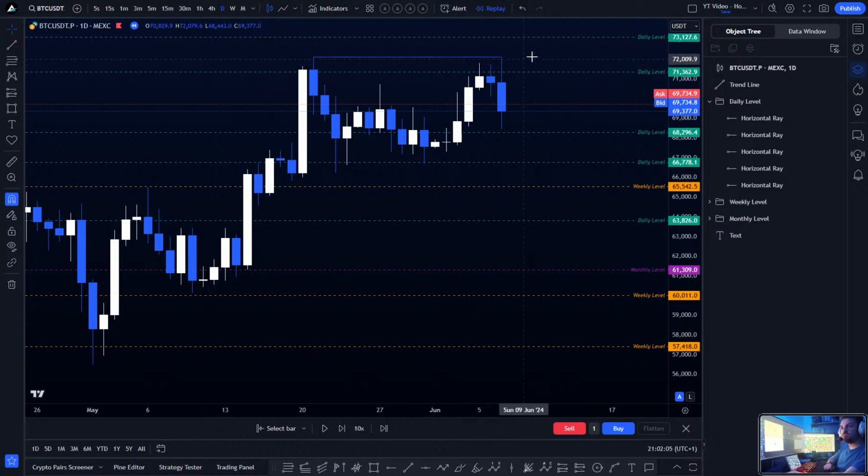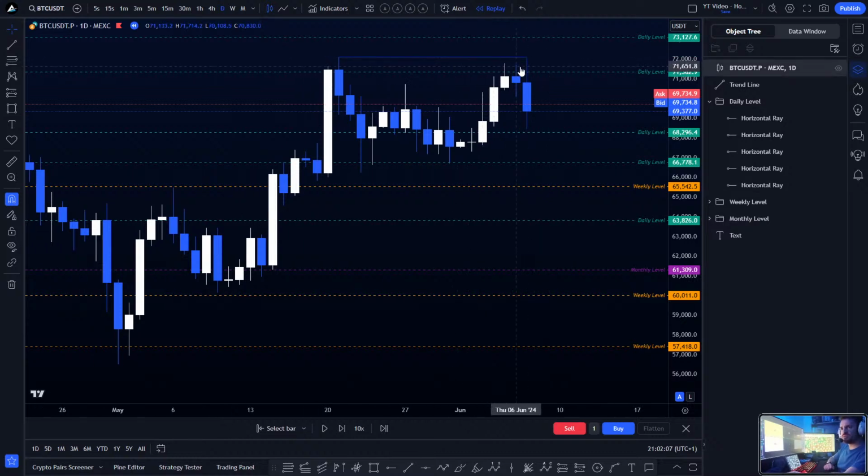So we came to a daily level. We were already losing momentum. Makes no sense to look for longs, and we probably just did a PO3 here, manipulate to the top side, buy side liquidity to then flush the longs in a downtrend. And we have another daily level here, right?